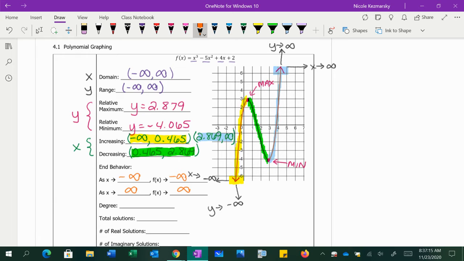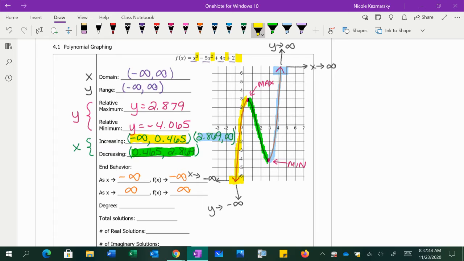Something that's new to us in 4.1 is degree and number of solutions. So let's talk about degree first. For degree, I'm going to look at the exponents, the little numbers that are up and to the right of all of the x values. So what I see is a 3, a 2, a 1, because there's nothing written there with the 4x, and no exponent for the 2.